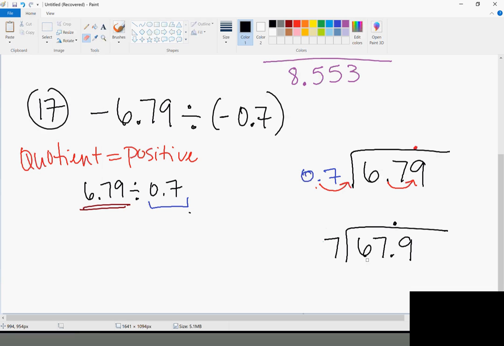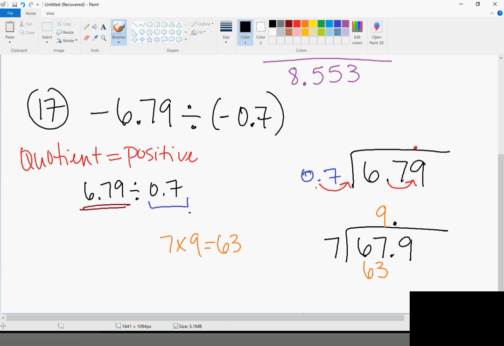Okay, so now 7 cannot go into 6. The 7 can go into 67. So 7 times 10 is 70. 7 times 9 is 63. So 7 goes into 67 9 times, 9 times 7 is 63.